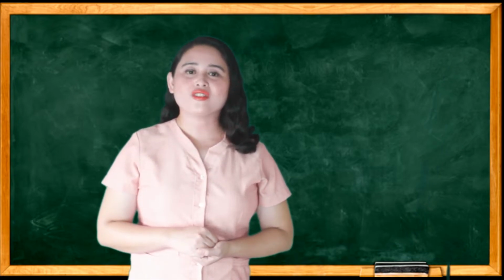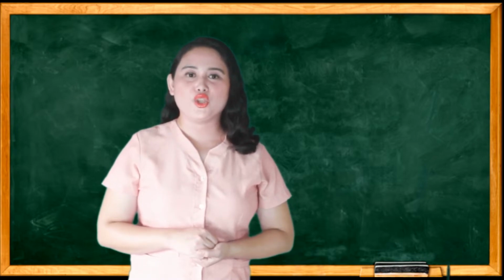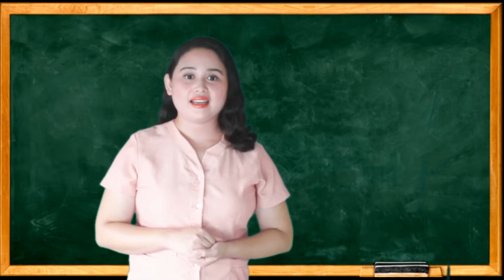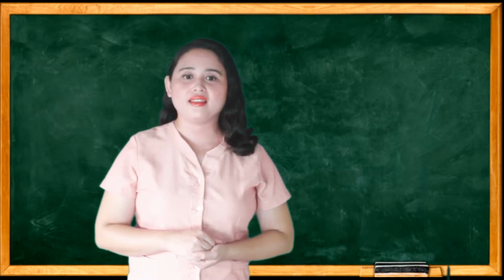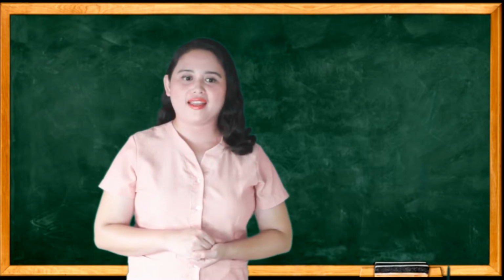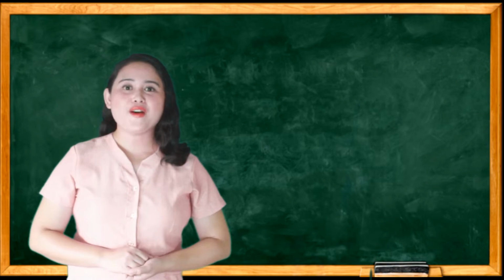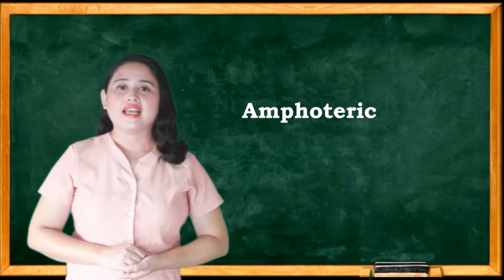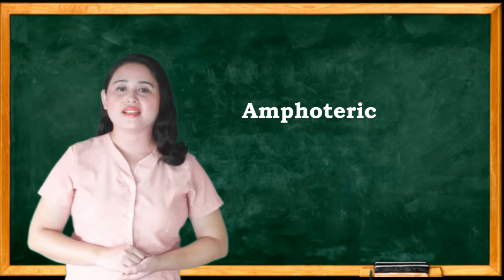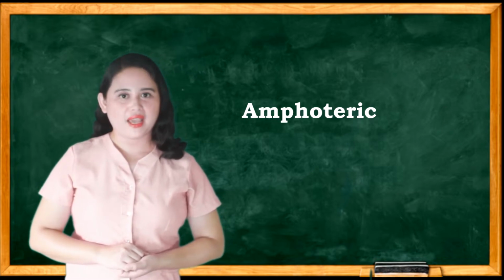Also, proteins can participate in neutral, acidic, or basic reactions because their amino acids have an acidic carboxyl end and a basic amino end. The amino acids are amphoteric, which means they can function either as an acid or a base.